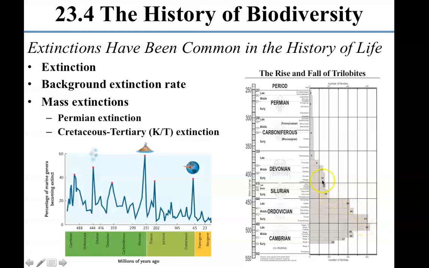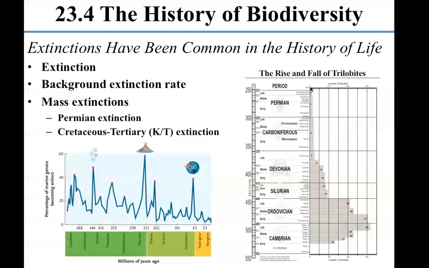And then it slowly, ever so slowly, became less diverse until at the end of the Permian, there were only two families that were still represented. And then what killed them off was this right here. The Permian extinction was the mass extinction event that put the finishing touch on trilobites.